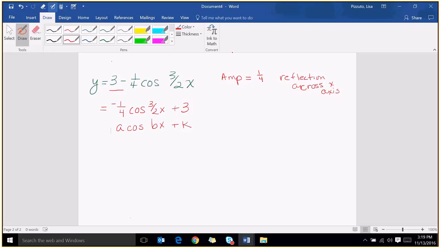Then your period, remember, is going to be 2 pi divided by b. So in this case, that's 2 pi divided by 3 halves. So what does that give you as a period? I'm not sure.